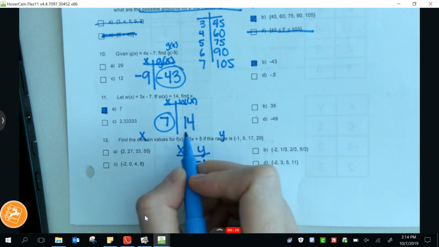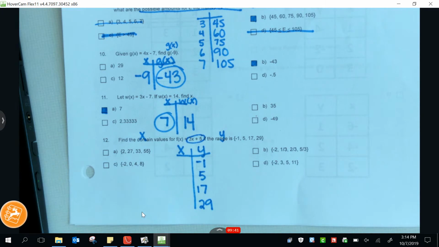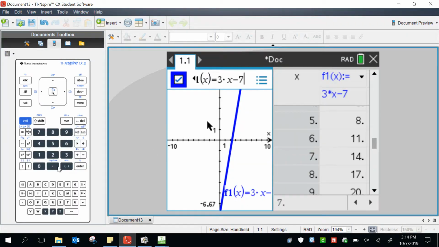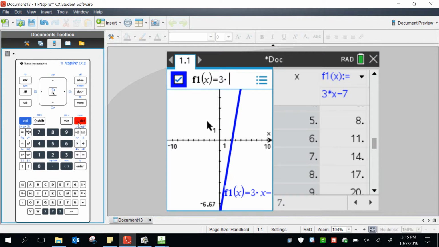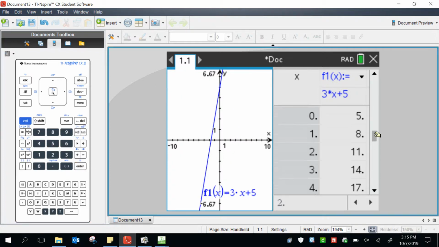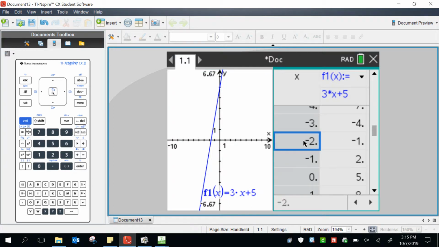And here's my function. So I'm going to put that into the calculator. So go to my calculator. 3x plus 5. And kind of just like I did the last ones, I'm just going to start scrolling until I find some. So -1. When y is -1, x is -2.